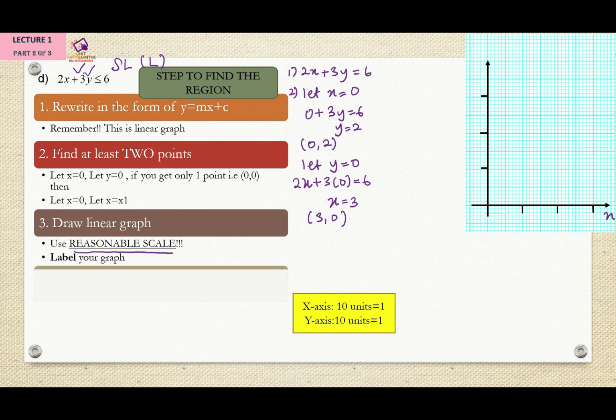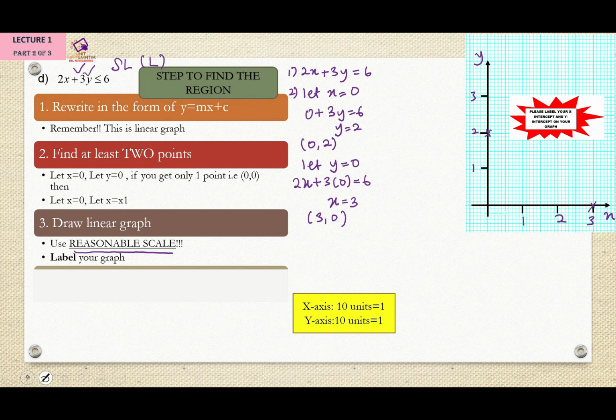Label your axes X, Y. For the x-axis we have 1, 2, 3. For the y-axis we have 1, 2, 3. Then mark your points. The first point is 0, 2. So here is 0, 2 and 3, 0.